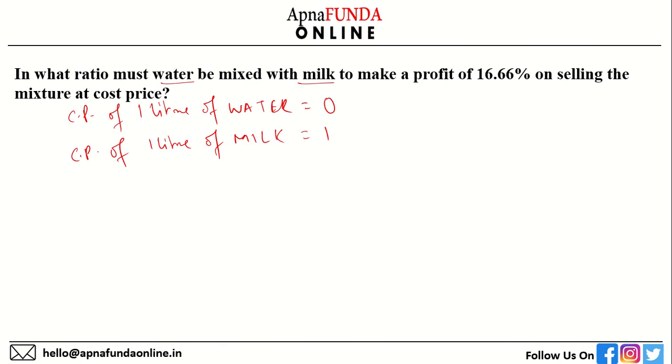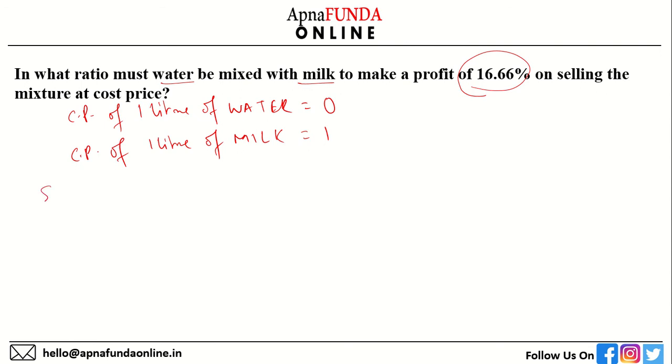Okay. Now we want to sell a mixture of water and milk at cost price. What I mean to say, I need to sell 1 liter of milk at rupees 1 only. But I also need a 16.66% profit, which I will only get if I mix milk and water.